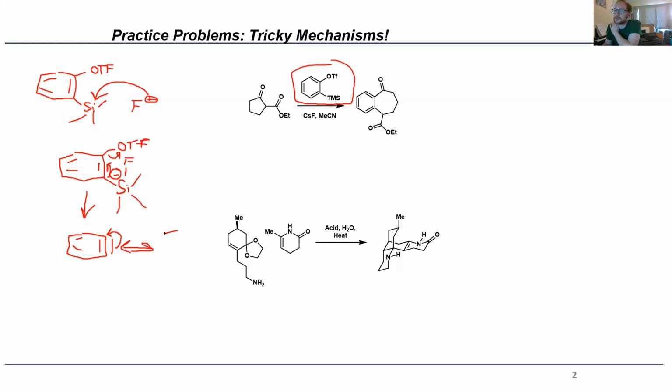We pull electrons like this, as a vinyl anion and vinyl cation, or I guess aromatic cation, aromatic anion here, which means that benzyne has both nucleophilic and electrophilic character. And so in this reaction, it's going to be doing both. Like I said, this has nucleophilic and electrophilic character, so we need to generate a nucleophile to react with it.